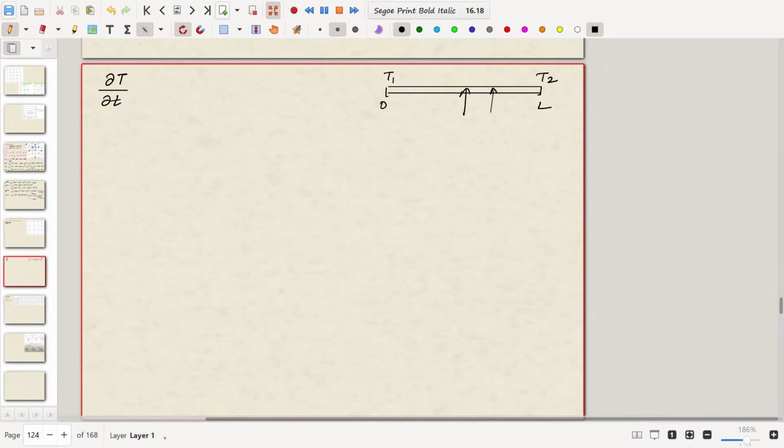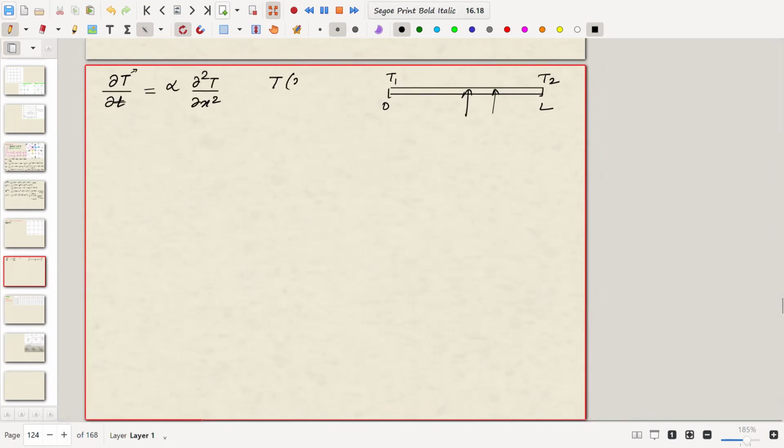You heated it, you kept it, and you want to observe the temperature after 5 seconds, after 10 seconds, after 20 minutes. Small t is the time, capital T is the temperature. Dou T by dou t equals alpha dou square T by dou x square.